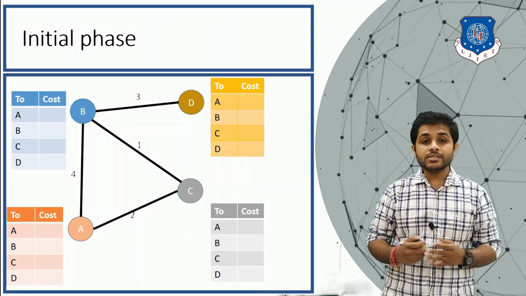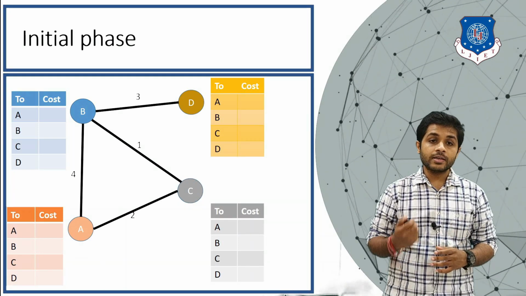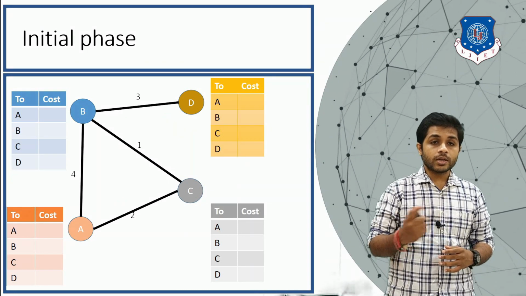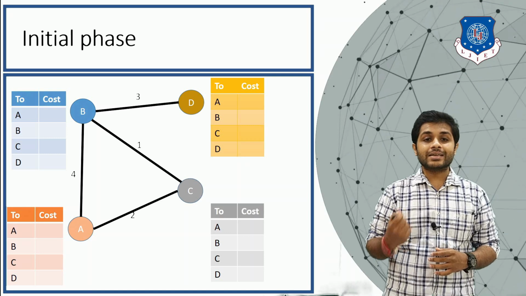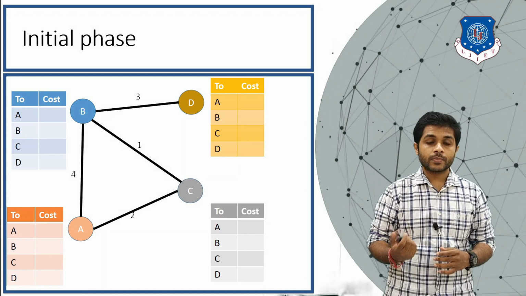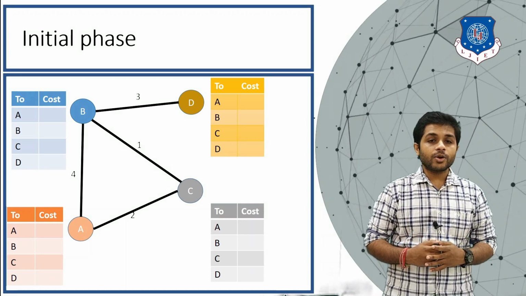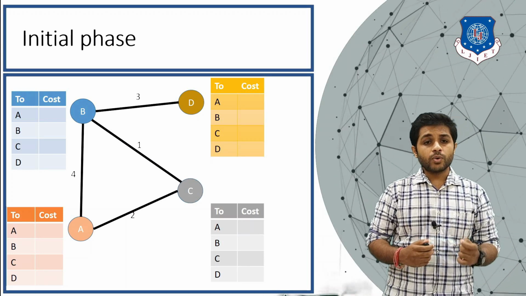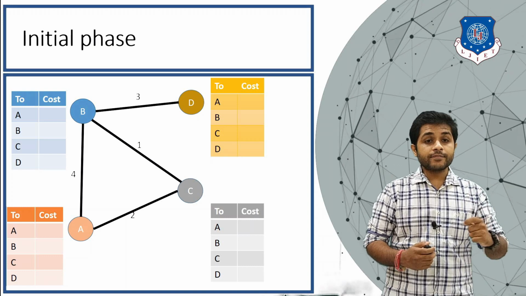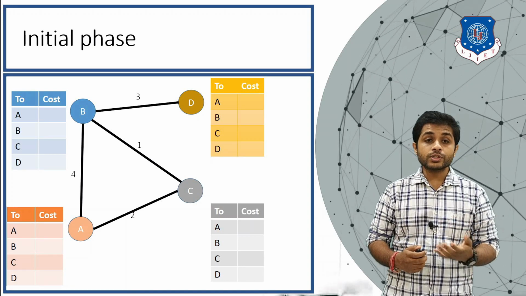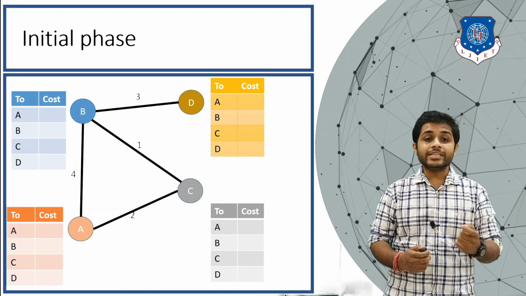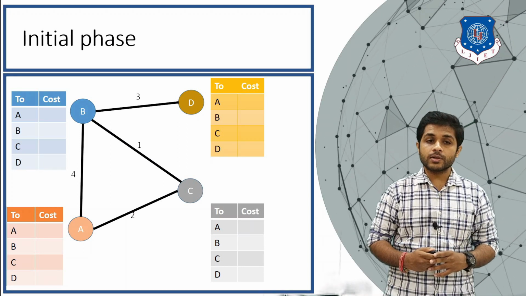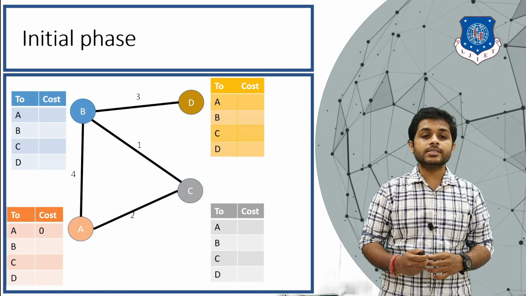The entries in router C's table indicate the distance from router C to all the other routers. So initially there are no entries in the table. Now in the starting phase, a router only knows the distance to its adjacent nodes. For example, for router A, the distance from itself is 0.